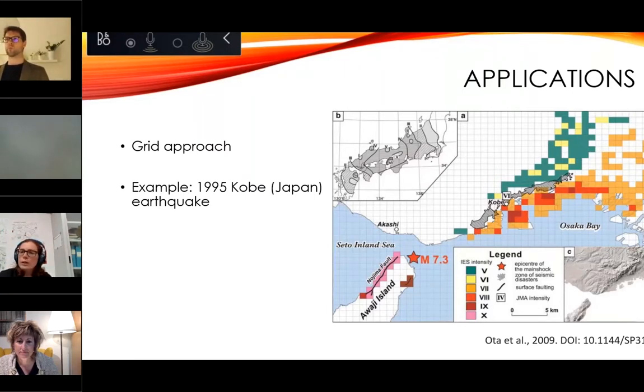This approach is particularly used in the case of slope movements, because it is quite easy, at least in some climate settings, to map slope movements based on satellite imagery.